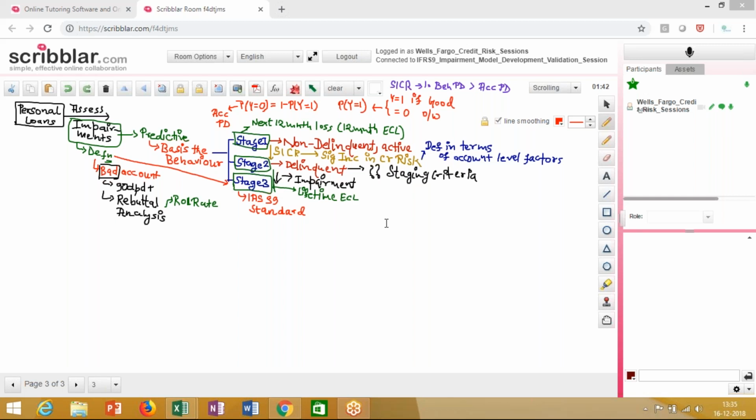So at a point of time there is a behavior PD that is generated for me. Now if the behavior PD at that point of time is greater than the acquisition PD, then I will say that I have undergone a significant increase in credit risk, right? So if my probability of default as on today is higher than the time when I was acquired on the books of the bank, then I have undergone a significant increase in credit risk. Clear?